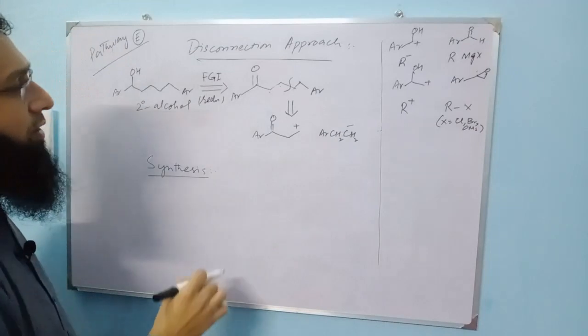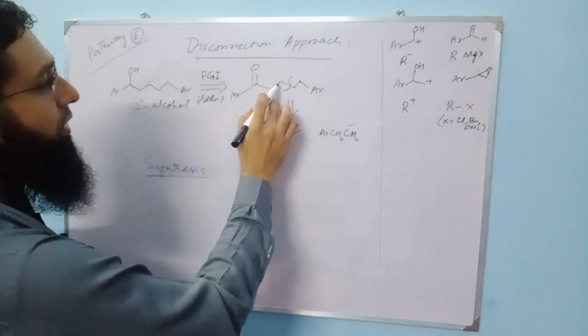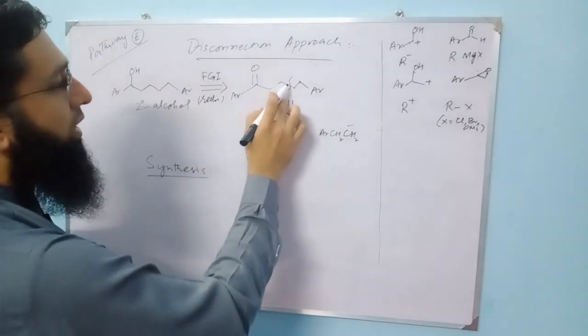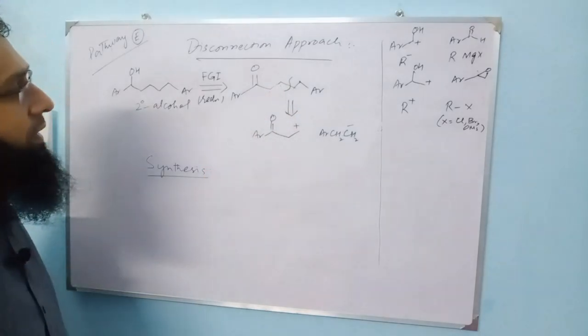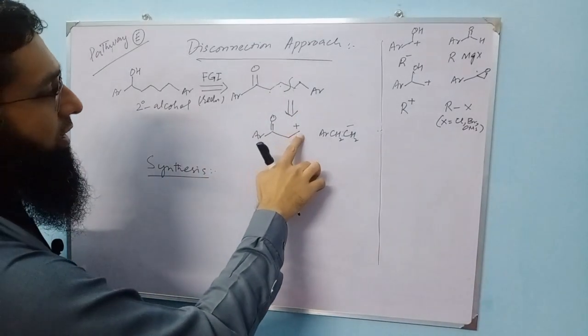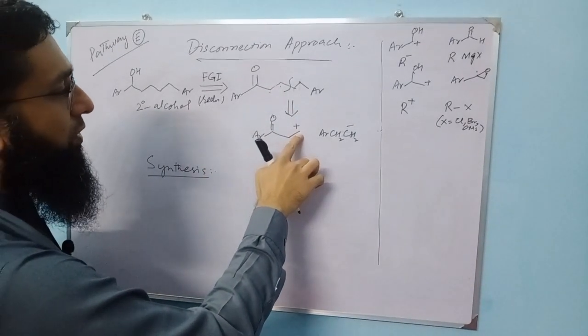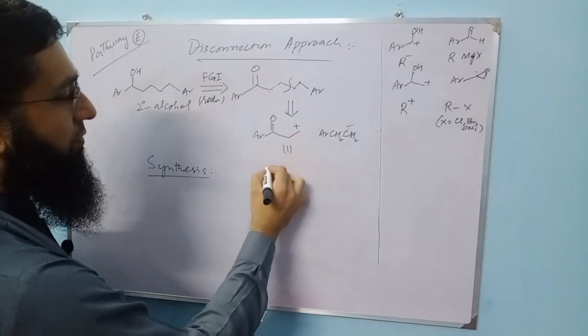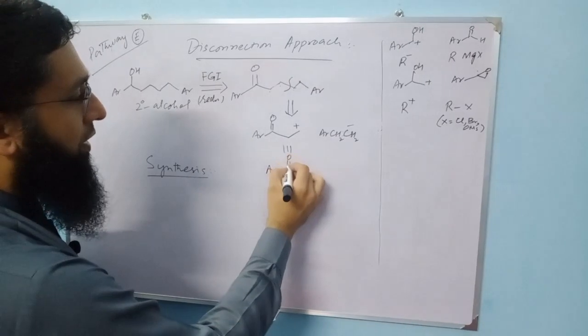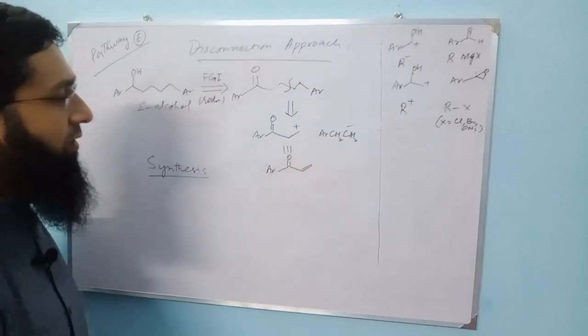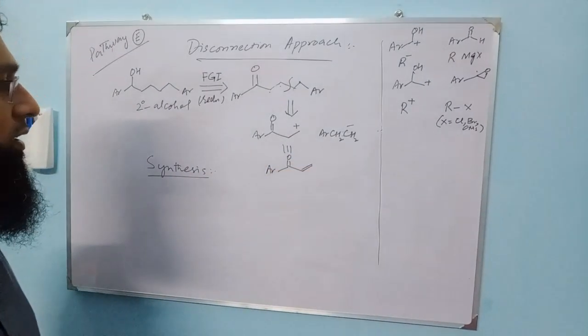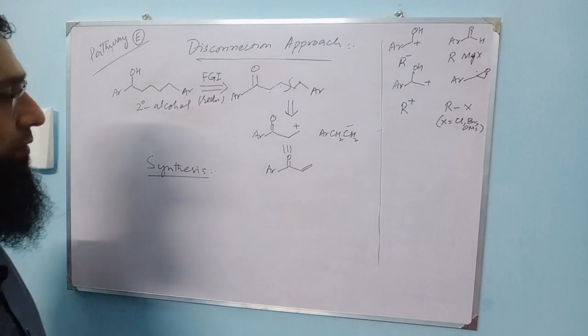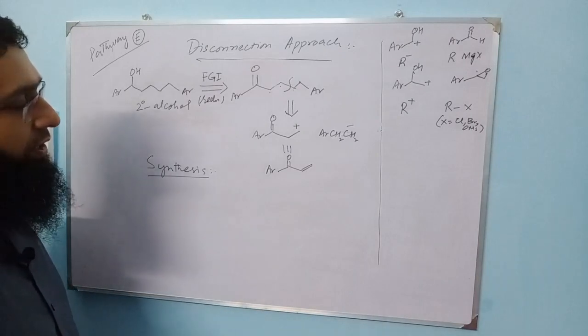Whenever we disconnect a molecule between beta and gamma, on beta carbon there would be positive charge because it gives rise to a substrate, an alpha beta unsaturated carbonyl compound, which is suitable for conjugate addition.